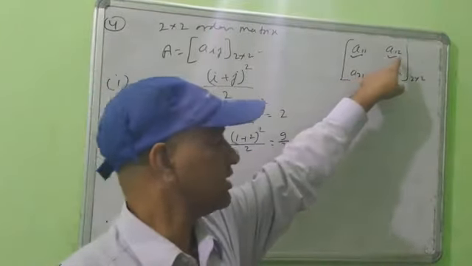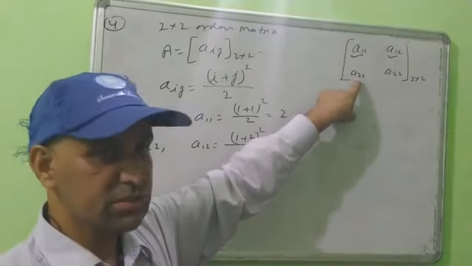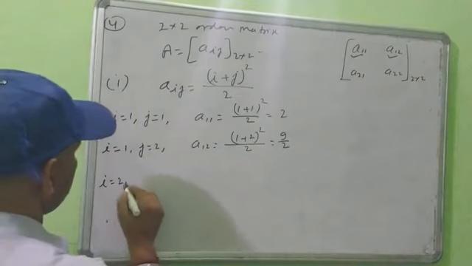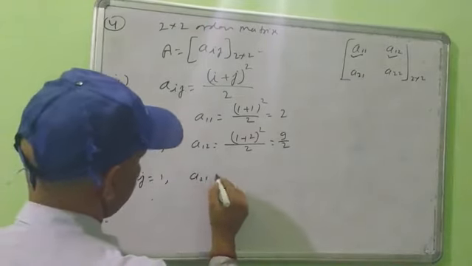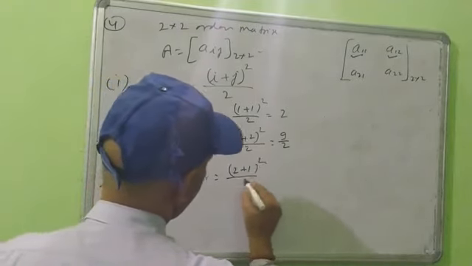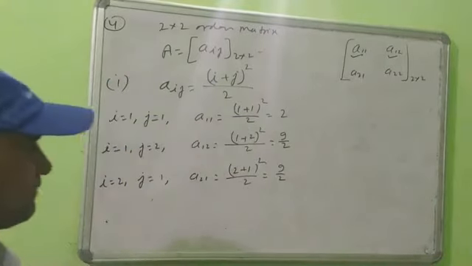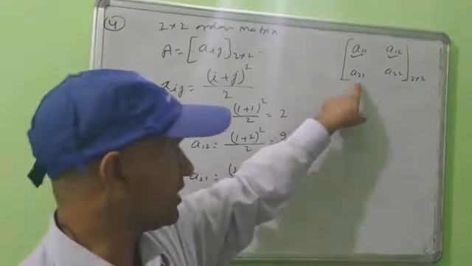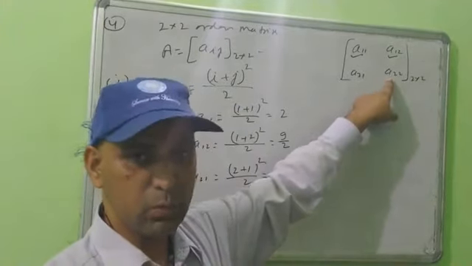After that you will get the value of a 2 1, means i equal to 2 and j equal to 1. So (2 plus 1) whole square upon 2 is the same thing, 9 by 2. Same thing: 2 plus 1 is 3, square 9 by 2. Means you are getting the value 9 by 2 also.